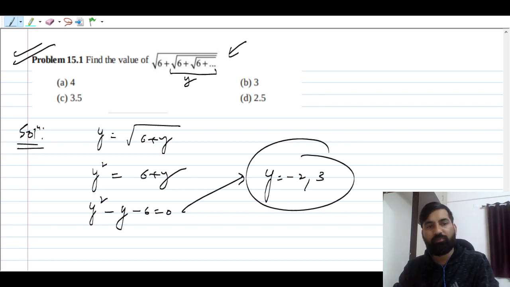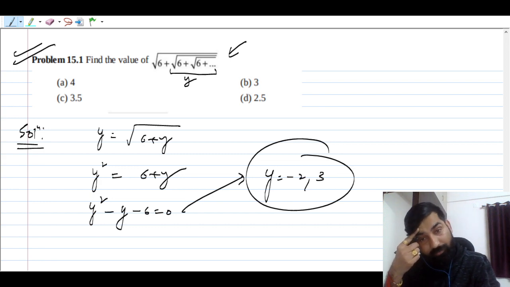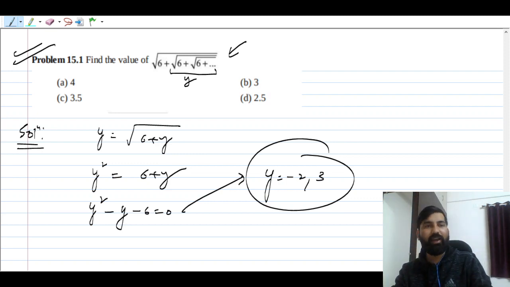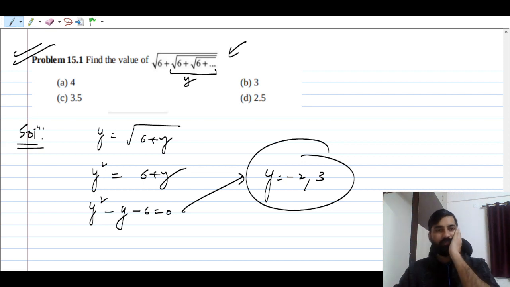Yeah, if you put y equal to minus 2, right? Okay, which is not allowed. क्यों नहीं अलाउड है? The given number is positive, you should get the y equal to positive only, right? Okay, so 3 will be the correct answer for this question. Okay, so you see the application of quadratic equation, so answer for this question is 3.